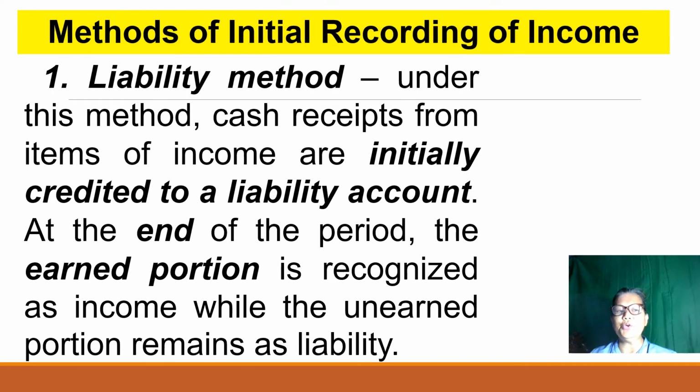As I have told you, we have two methods of initial recording of income. Number one is the liability method. Under this method, cash receipts from items of income are initially credited to a liability account. At the end of the period, the earned portion is recognized as income while the unearned portion remains as liability.